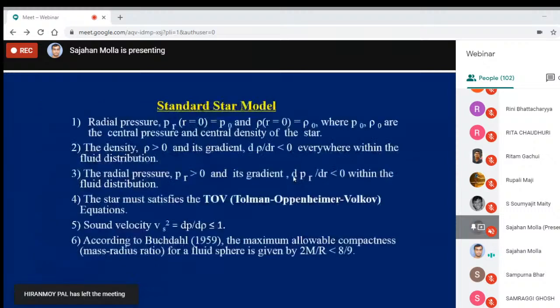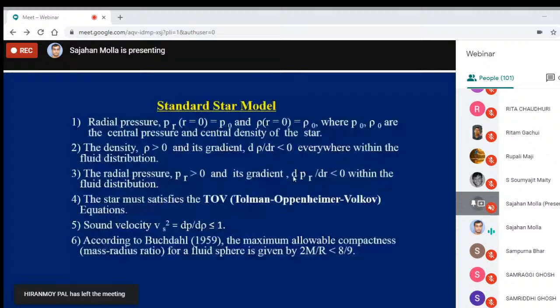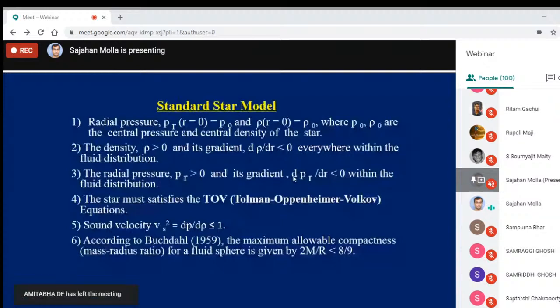For a standard star model or pulsar model, anyone can give one, but some criteria should be fulfilled. At the center, density and pressure should be maximum, and density and pressure should monotonically decrease toward the boundary or the surface of the fluid sphere, that means the star surface, and pressure should be 0 at the surface of the star.